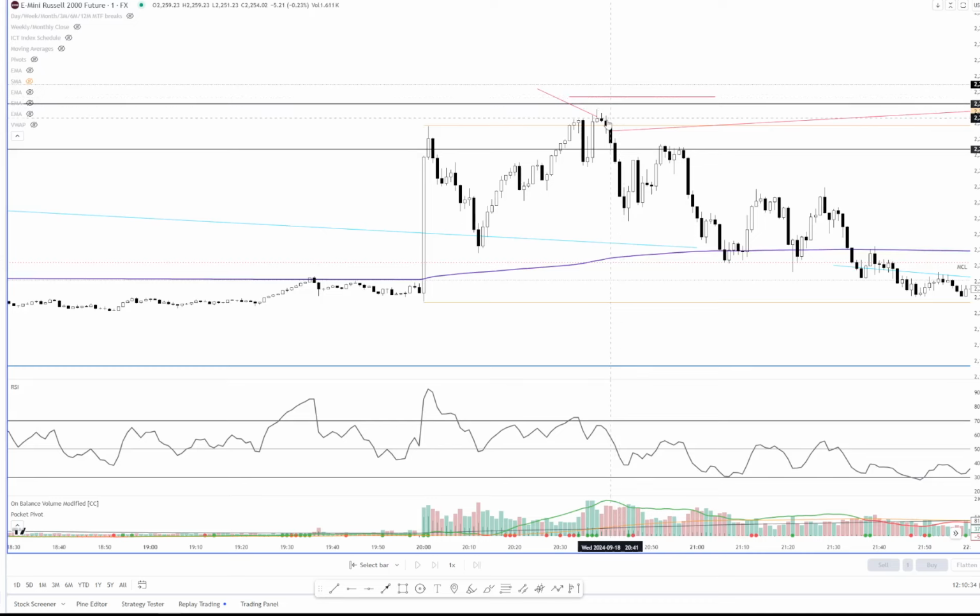From my buy, it's 0... No, I had 0.3. So maybe I only went to here. 0.4. So my position size is going to be less than half of the one on SPY.